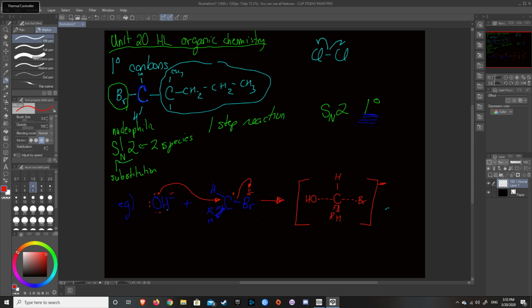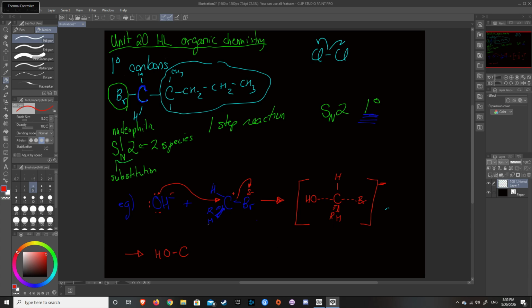And this is our rate determining step. So it's how much this bromine wants to leave versus how much this hydroxide wants to come in and attack the central carbon. So that's our intermediate step. And then the final step at the bottom is we've got the main carbon. The hydroxide is now bonded to the left.